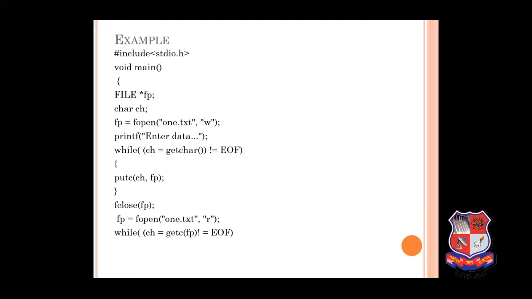Until it reaches end of file, we will be getting characters and storing them into ch. So we will simply print it with %c and ch, then close the pointer with fclose and fp.